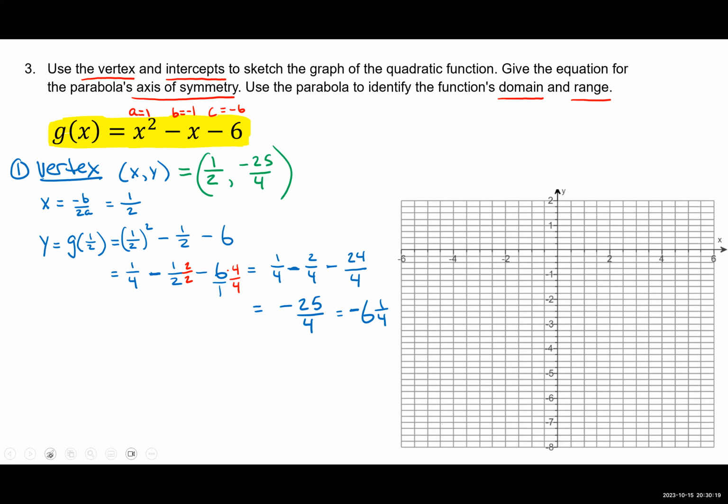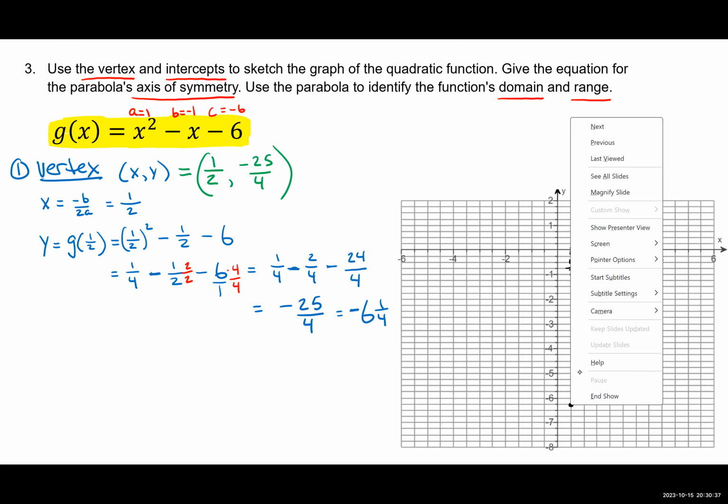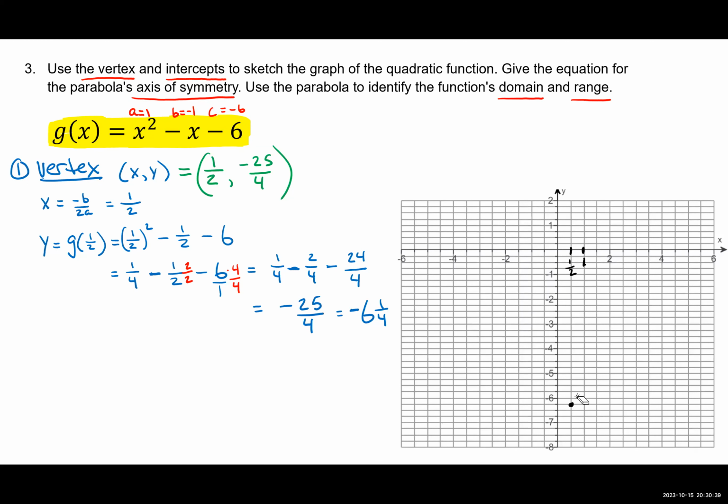So let's come over to this graph. Let's see if we can figure this out. So this looks like 1 right there. So a half would be there. So we'll go down to 6 1/4. So it looks like right about there.